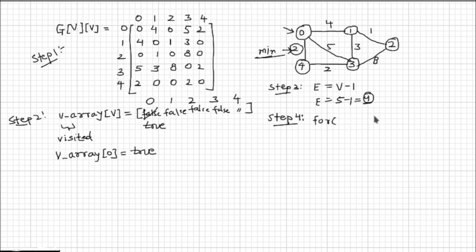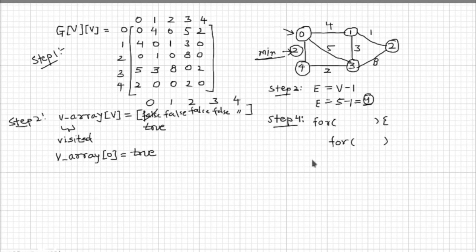One for loop will go here, and there will be another for loop inside it. These 2 for loops are basically used to traverse every position in this matrix. Since it is a multi-dimensional array, we have to use 2 for loops, and they both run from the 0 position to the 4th position. So I'm going to write here 0 to 4.